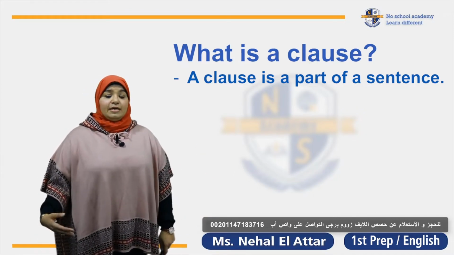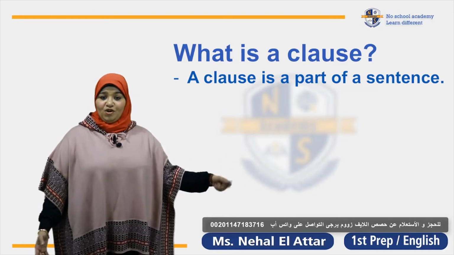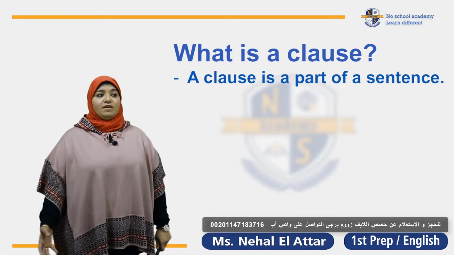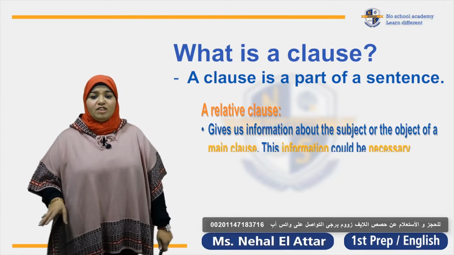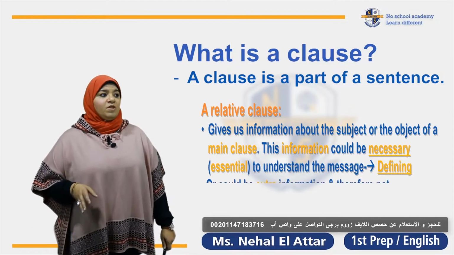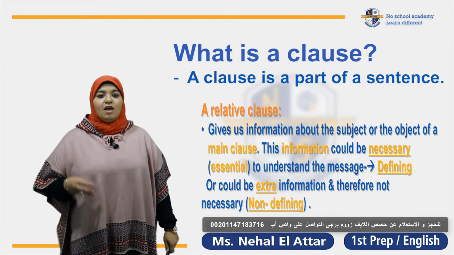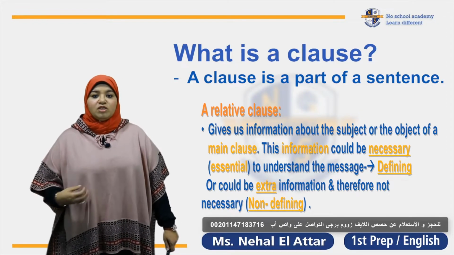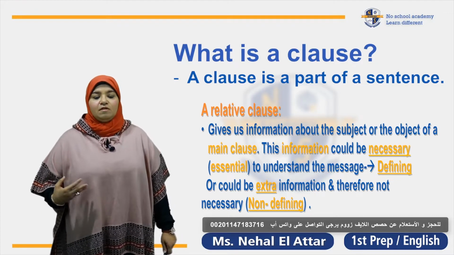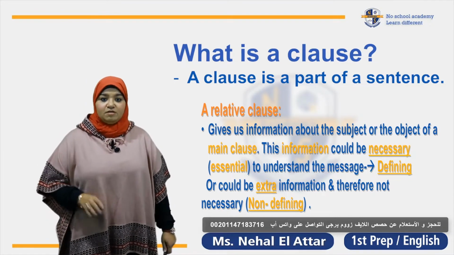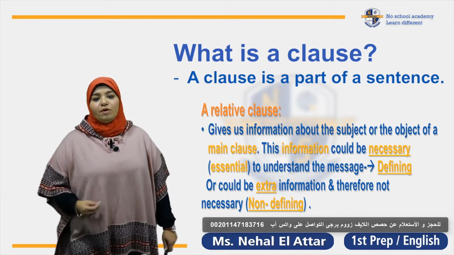So here is the relative clause that we are going to talk about. The relative clause gives information to the main clause. For example, if I say something meaningless, and I need to add information to make the sentence make sense, this is what I call a relative clause.